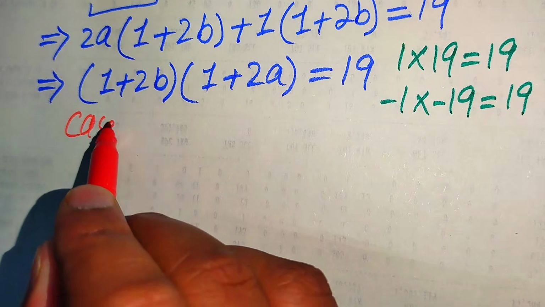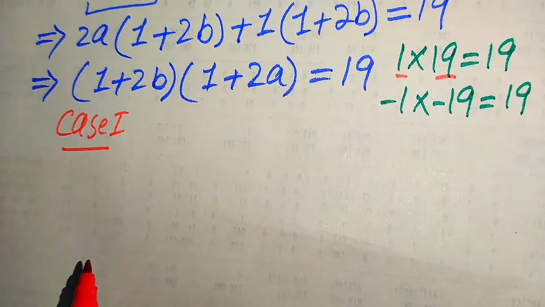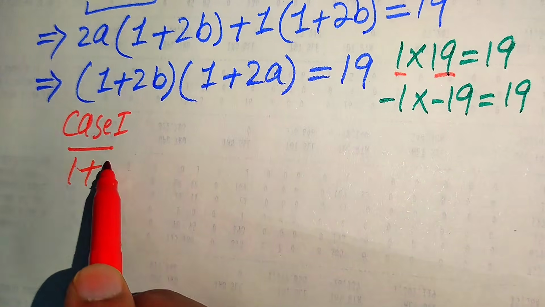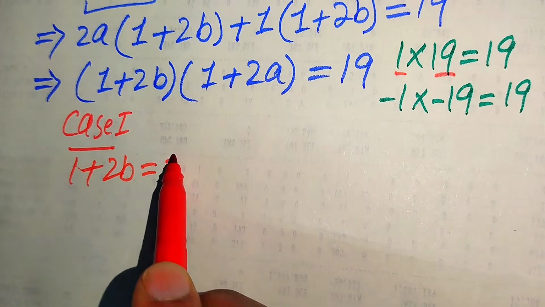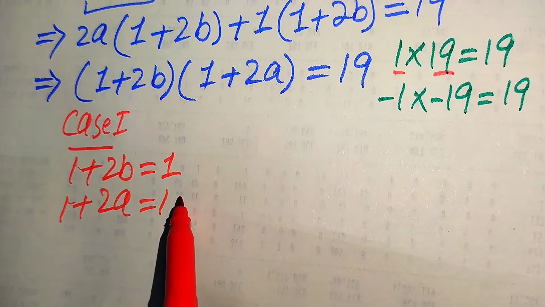The first case is we compare the left hand side with these two numbers, and after comparing these values we get 1 plus 2b equals to 1 and 1 plus 2a is equals to 19.